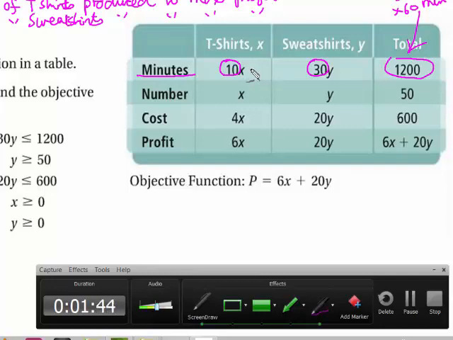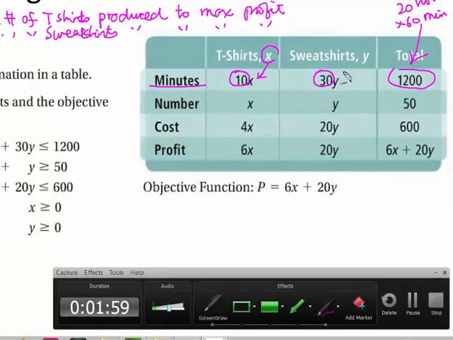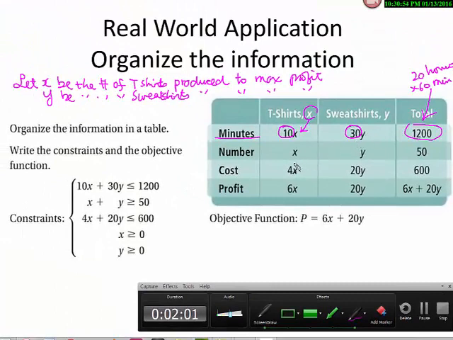Three t-shirts, 30 minutes. If you produce x, then you use 10 times x minutes to produce t-shirts. Same reasoning applies to sweatshirts, so we got 30y.